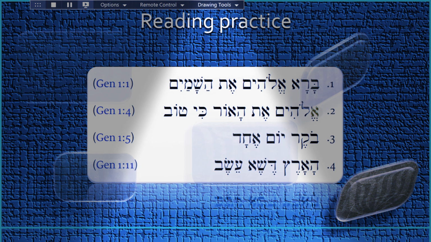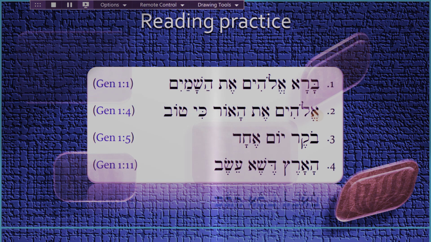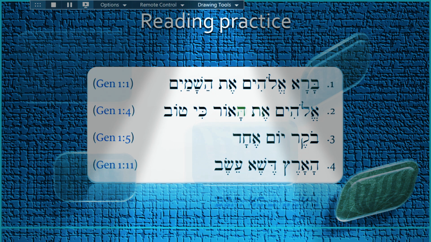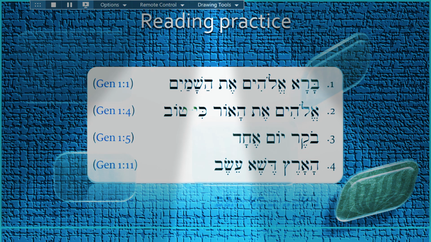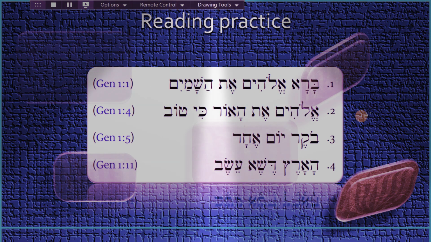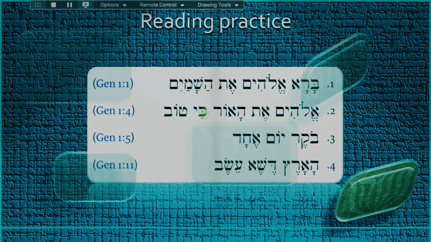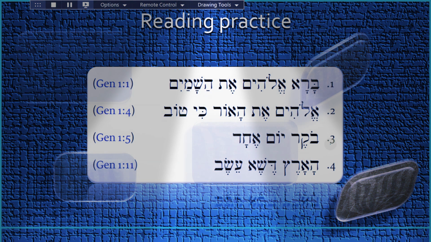Number 2, this word you already had above, so you should know that it's Elohim. Et ha-or ki tov. So this is part of the verse, not the whole verse. It says, and God saw et ha'or, the light, ki tov. Literally, that good. Okay, number 3, a chunk from verse 5.